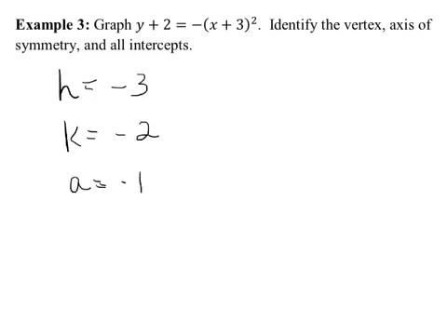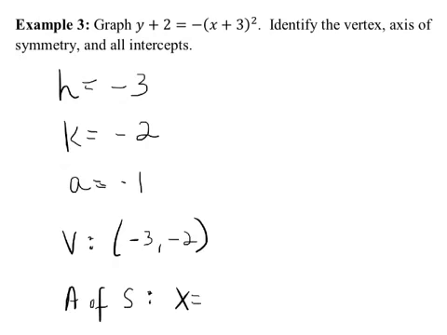So the vertex, by default, remember, is h comma k. The axis of symmetry just goes right through the h value of the vertex, so it's x equals -3. Okay? So this is what we know already. Again, we always take that value. It's always going to be the same. Always, always, always. These two will always be the same.